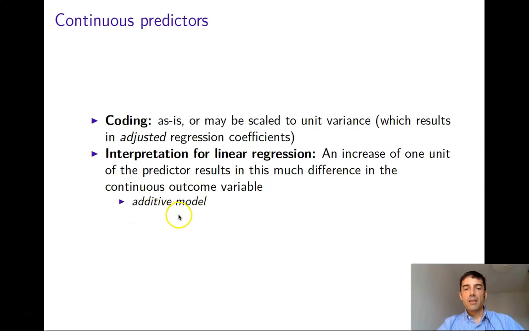And this is what we call an additive model. It's additive because adding something to any of the predictors adds to the outcome variable an amount just multiplied by the coefficient beta.